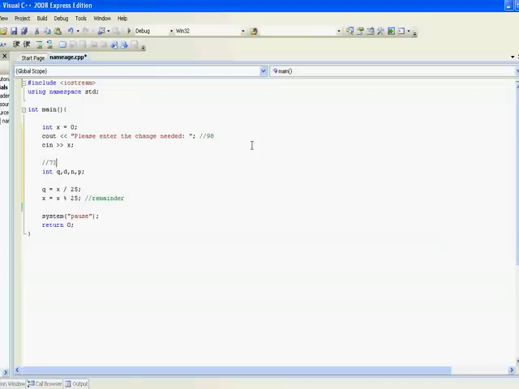Well, what's going to happen? 73 divided by 25 in terms of an integer is 2. So 2 is going to be placed with Q. And the remainder of 73 mod 25 should be whatever's left. I was hoping somebody would tell me the answer. Okay, the answer is 23.